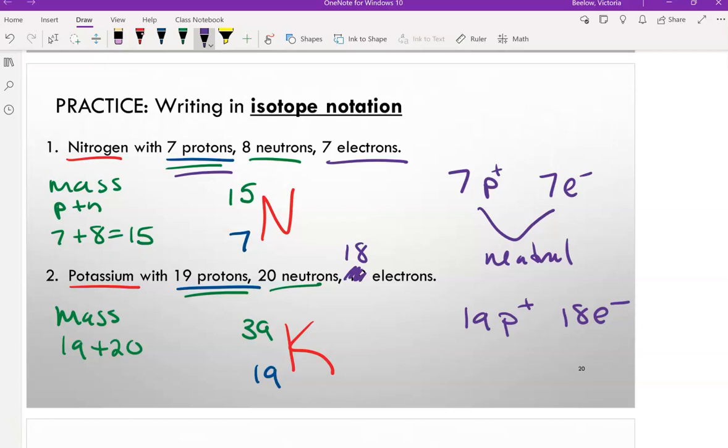I have one more proton than I do electrons, so one more positive charge than negative charge. So the charge on this would be +1. It's a plus because we have more protons, and it's +1 because we have one more proton than we do electrons.